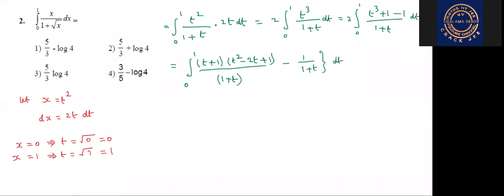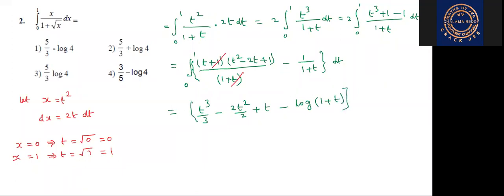dt. Okay. Now observe the calculation. T plus 1 and 1 plus t cancel. Then for the remaining, apply the integration. Integration of t square is t cube by 3, minus 2t square by 2, plus t, minus logarithm of 1 plus t.